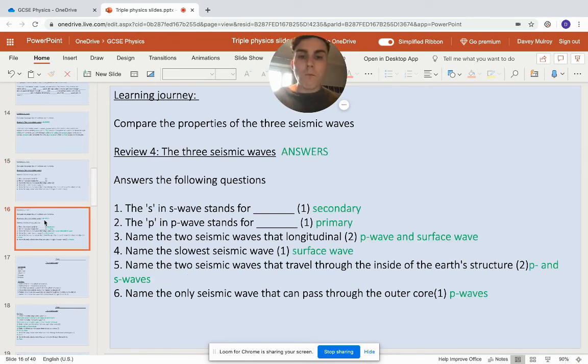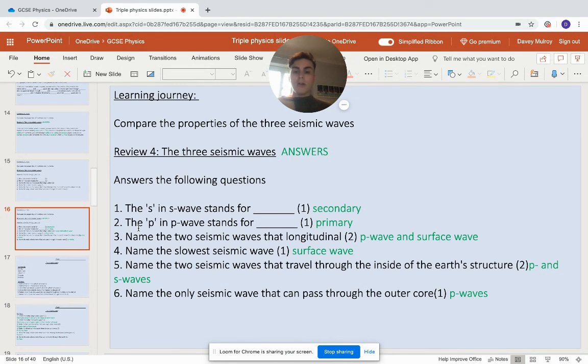Review number 4 then. Well done for getting here. Now, question number 1, the S in S wave stands for secondary. The P in P wave stands for primary. Question 3, the 2 seismic waves that are longitudinal are P waves and surface waves. Our slowest seismic wave, the tortoise of the seismic waves, are surface waves.